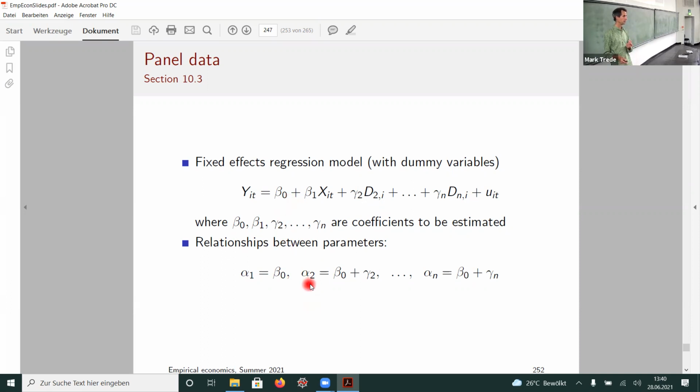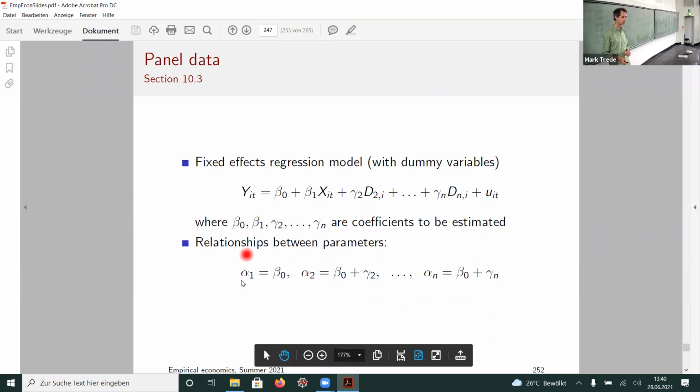The alpha for the second individual would be beta 0 plus gamma 2, because for the second individual, this one is 1 and everything else is 0. Okay, so the intercept for the second individual is beta 0 plus gamma 2 and so on. So this dummy regression would actually work and would give you estimates for all the individual intercepts.